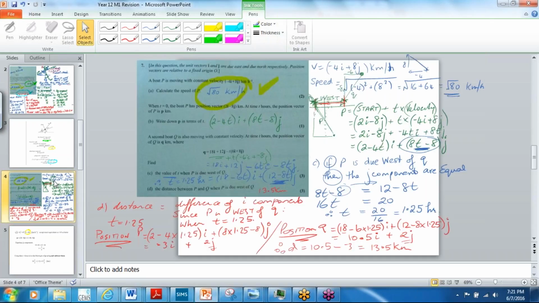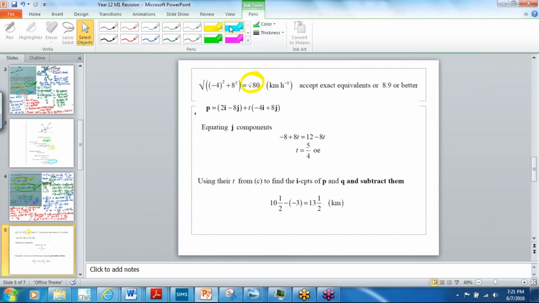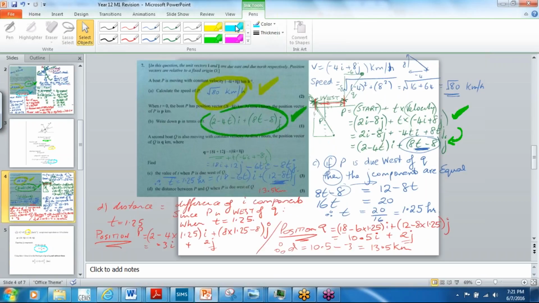If we compare that with our value, they are in fact similar. This is what they've done, and we've just converted it into this form. Good. All right, our time is 5/4, so our time is 1.25. So we are correct, 1.25.